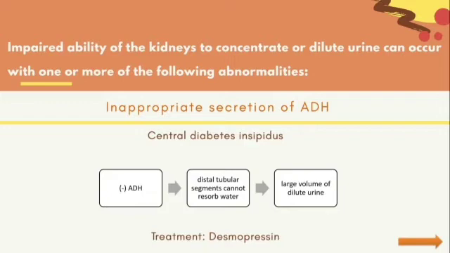However, in cases where fluid intake is restricted or one is unable to drink due to unconsciousness, severe dehydration can rapidly occur. Central diabetes insipidus is treated with the administration of desmopressin, a synthetic analog of ADH, and it acts selectively on the V2 receptors to increase water permeability in the late distal and collecting tubules.